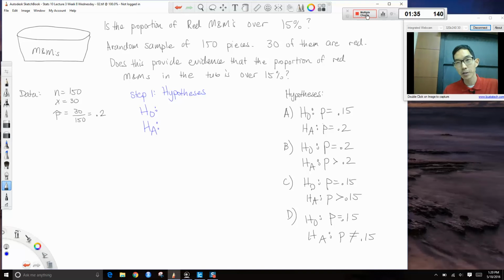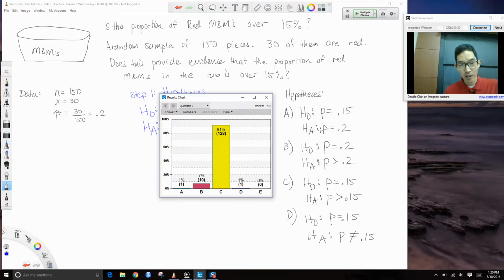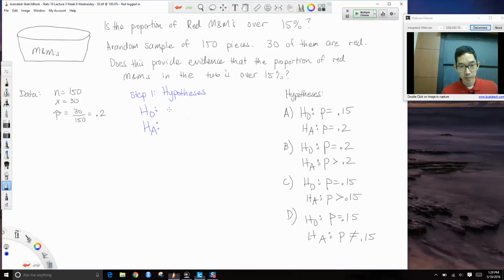Okay, I'm gonna hit stop here. All right, let's take a look. And indeed, C is the correct answer. Okay, so the null hypothesis is that P is equal to 15%, and the alternative is that it is greater than 15%, okay? And it really comes down to this question.